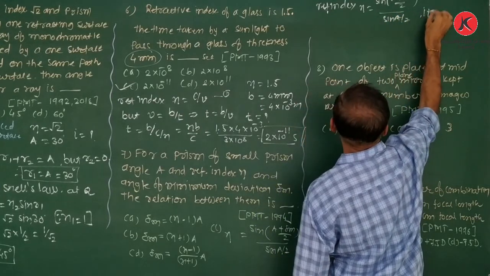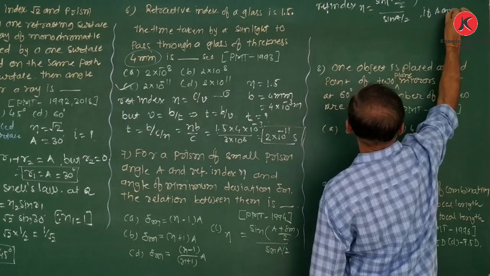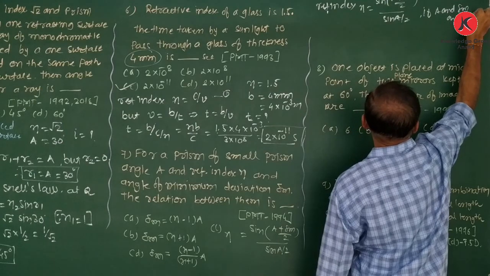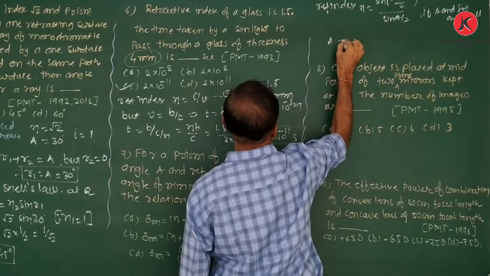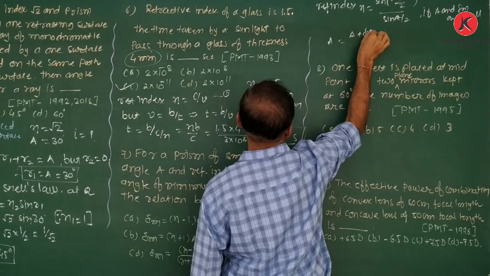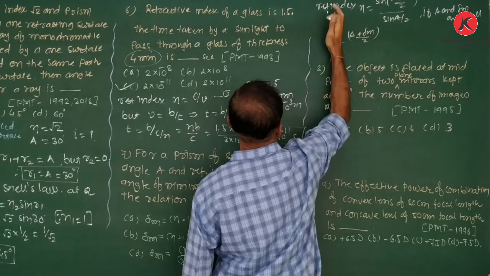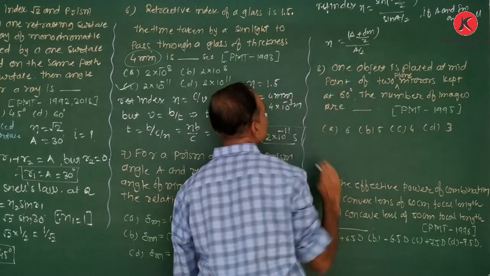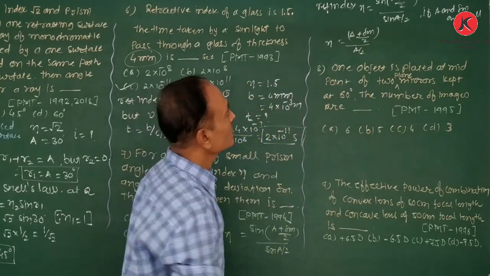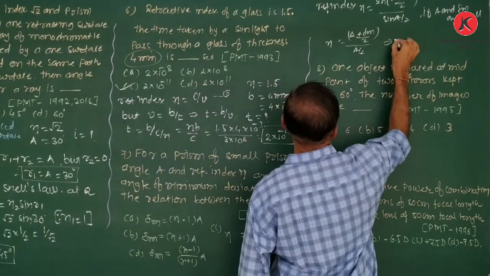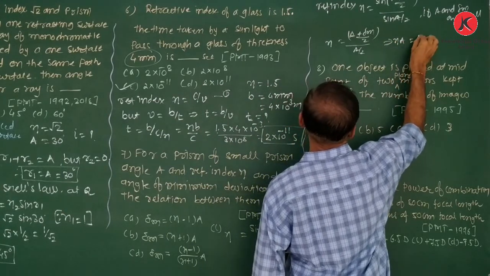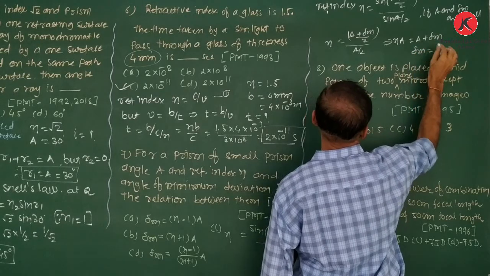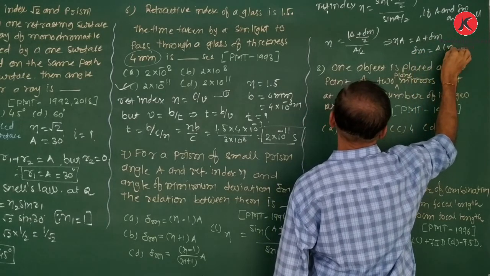Now, if A and delta m are small, so we can write n = (A plus delta m)/2 upon A/2. 2 cancel, therefore nA = A plus delta m. Therefore delta m = A(n minus 1).